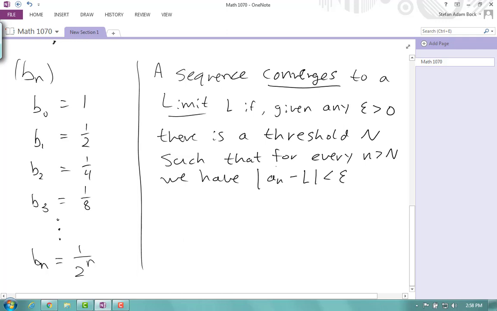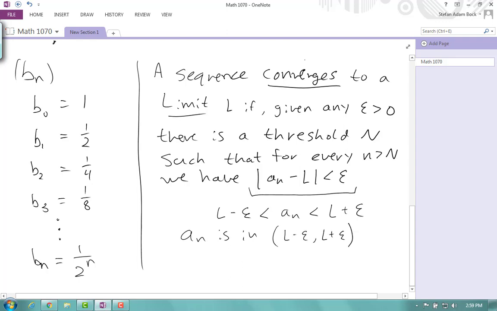When I have an absolute value in an inequality like this, this is basically saying that L minus epsilon is less than a sub n is less than L plus epsilon. That's an interval, an open interval.